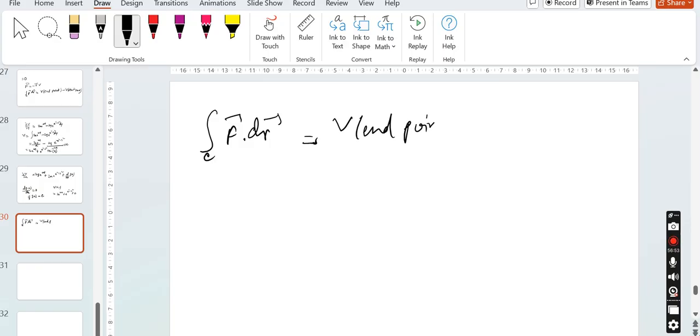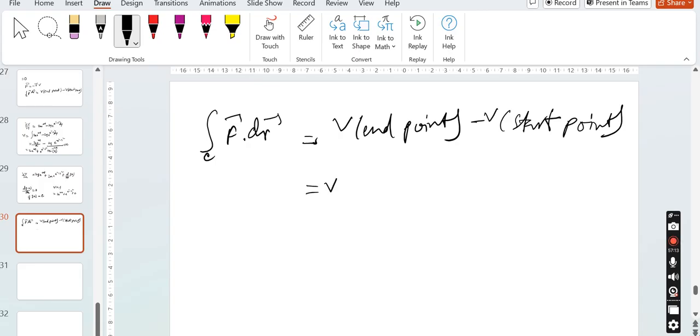When we write V end point minus V start point, if we take in consideration the minus sign, we will get the same thing eventually.